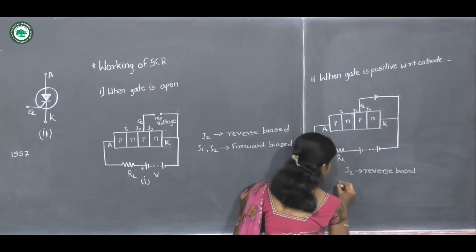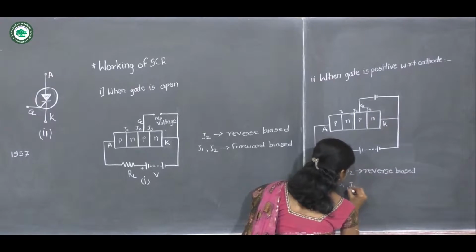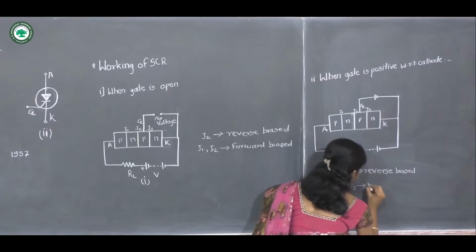And junctions J1 and J3 are forward biased.